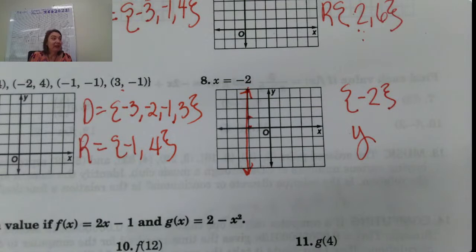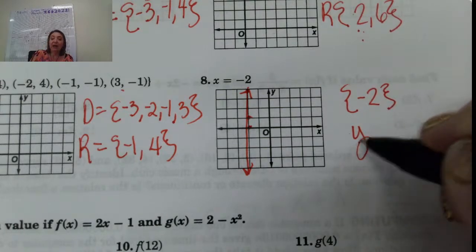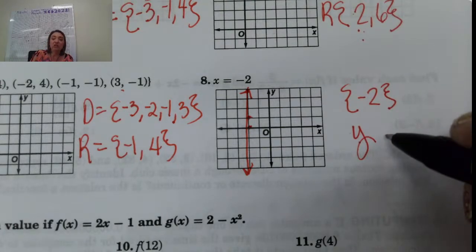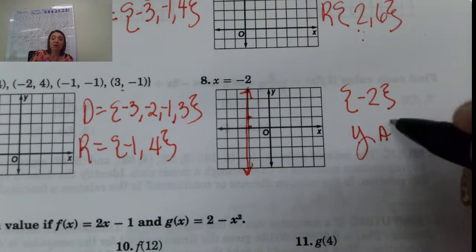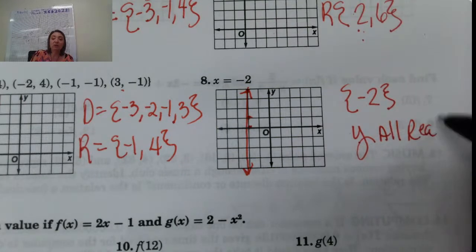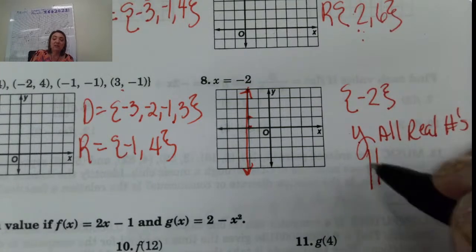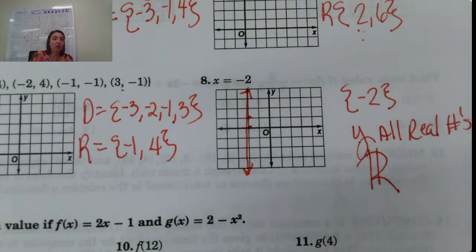Negative infinity. And what's our highest y? Positive infinity. So technically, we could write our y's a bunch of different ways, but we're going to write all real numbers, which can be abbreviated like this: this funky R with two legs.